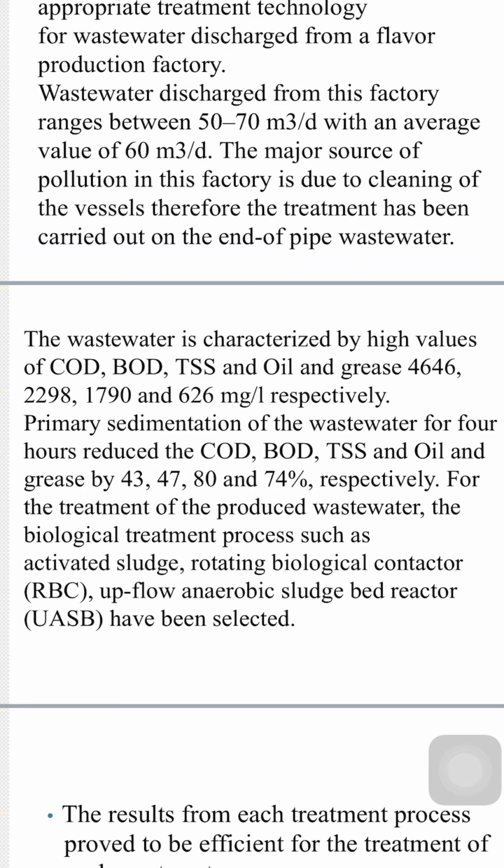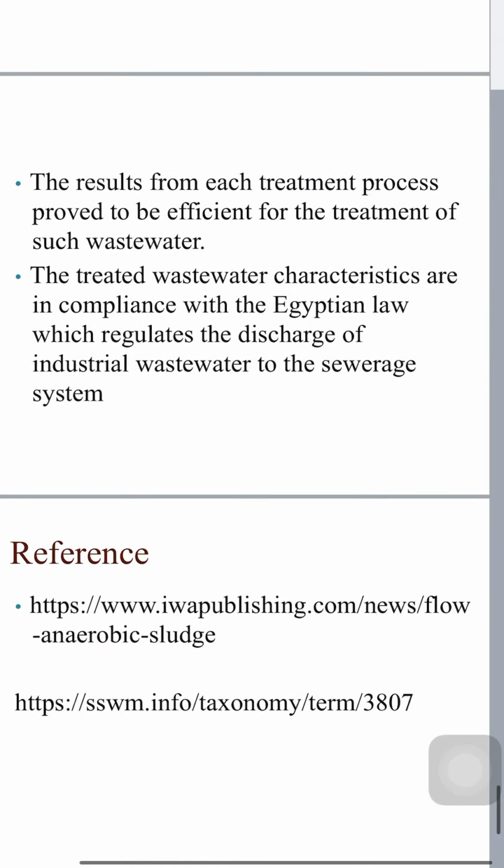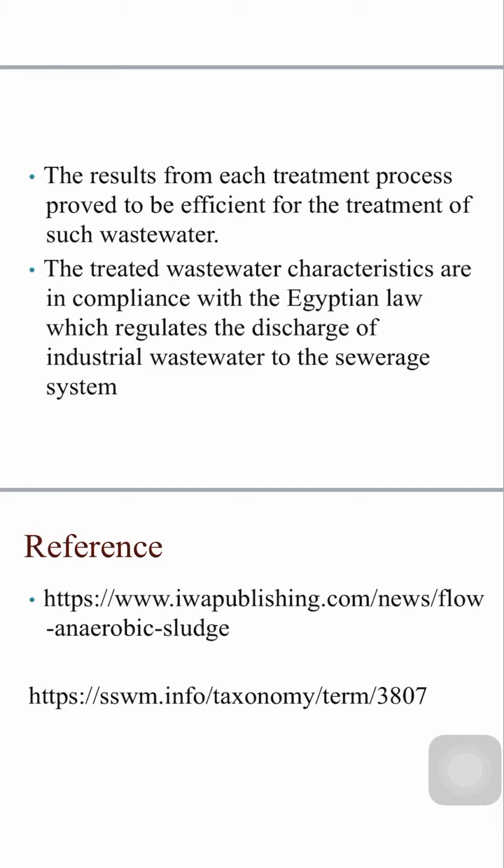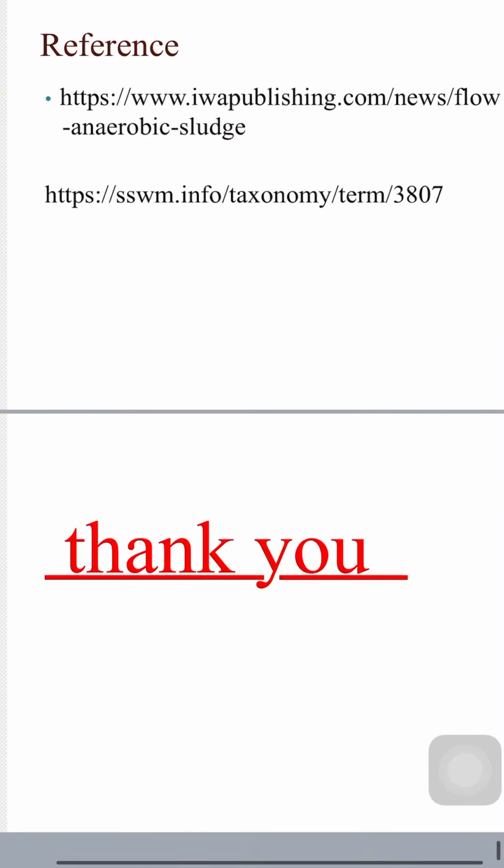The results from each treatment process proved to be efficient for the treatment of such wastewater. The treated wastewater characteristics comply with the Egyptian law which regulates the discharge of industrial wastewater to the sewage system. These are the references, and thank you.